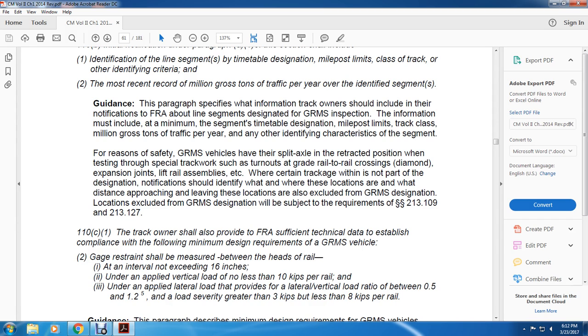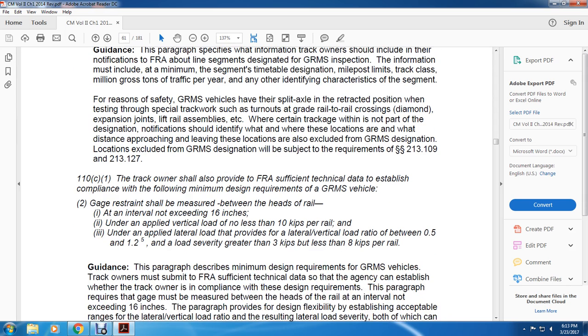Where certain track is not part of the designation, the notification shall specify what these locations are and whether the distance approaching and leaving these locations is also excluded from the gauge restraint measurement system designation. Locations excluded from the gauge restraint measurement system designation will be subject to the requirements of Statute 213-109 and 213-127.